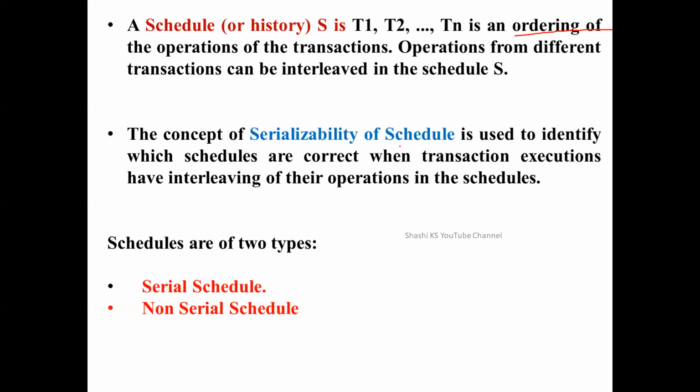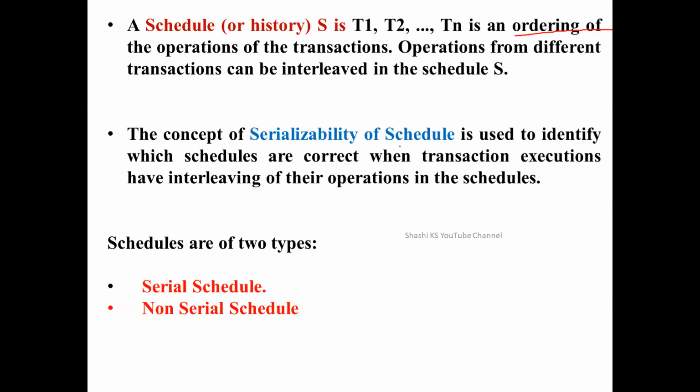The other way is called concurrent execution, where you are going to have mixing of the operations of the transactions. So part of the operations of transaction T1 will get executed and then T2 will get started, even before all the operations of T1 finish their execution. And when T2 is in the middle of its execution, T3 is going to start and so on.